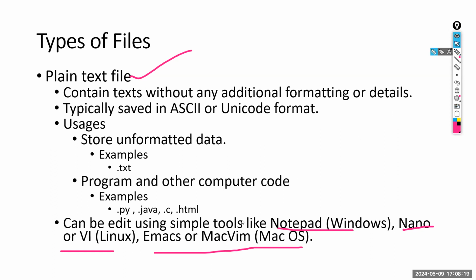When you use these tools to edit a file, it is guaranteed you don't add any special characters. And mainly we use them for very simple usages like some list and so on, and more and more for source code files.